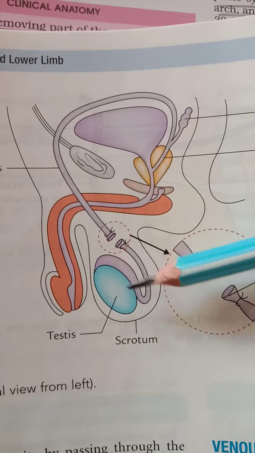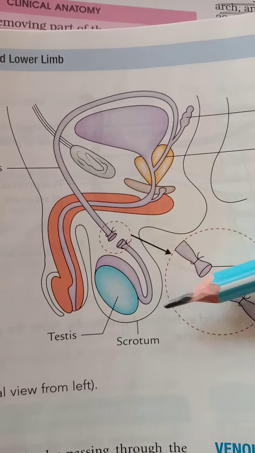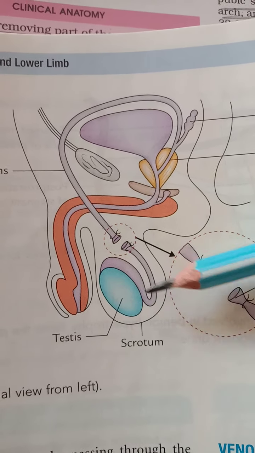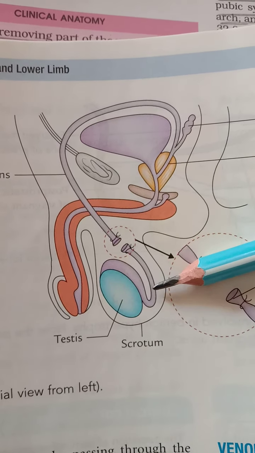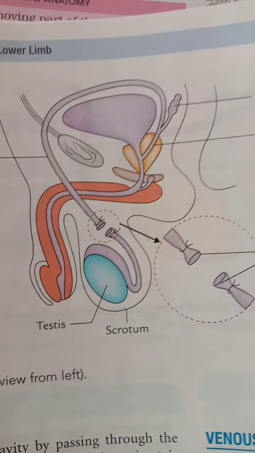The growth of the interstitial cells is not affected, and therefore the testes continue to produce testosterone, and the individual's potency is not affected.